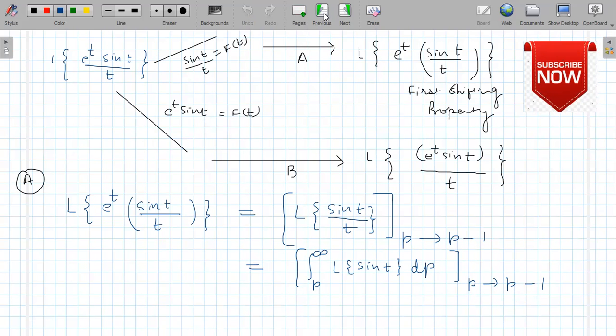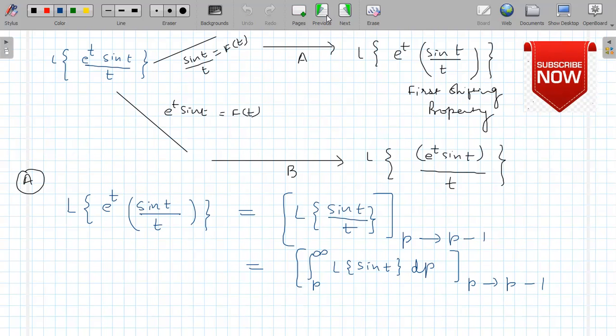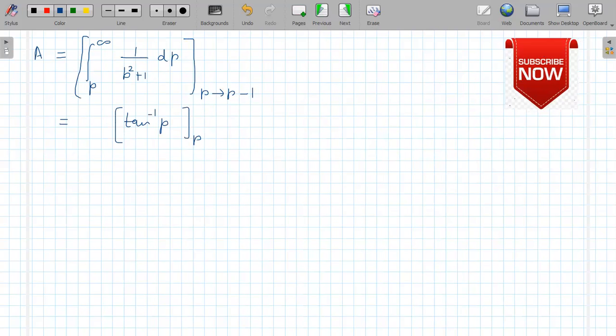So the Laplace transform of sin t is 1 upon p square plus 1, dp. Again we write here p should be replaced by p minus 1. This is equal to tan inverse p from p to infinity.